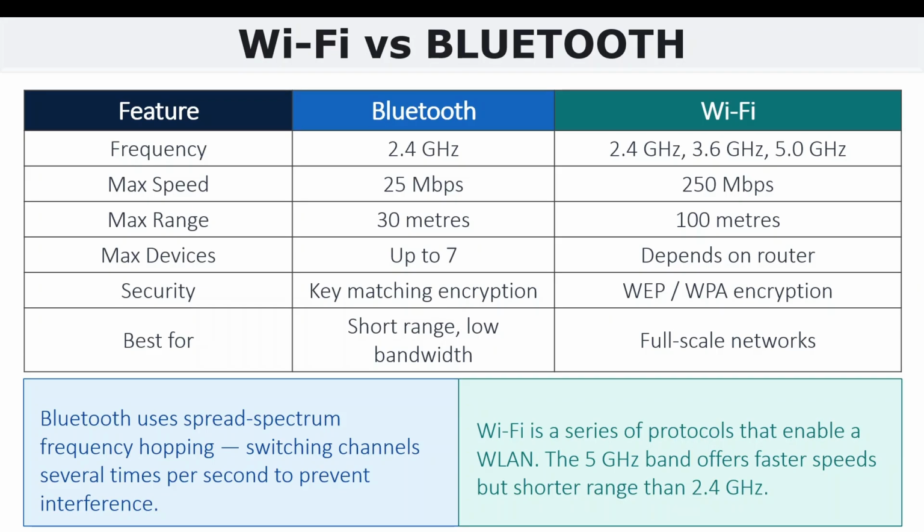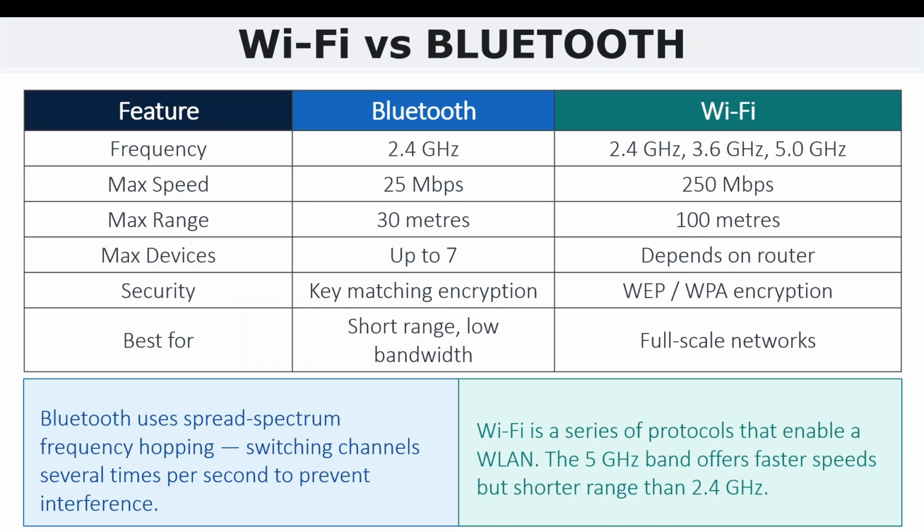In terms of maximum speed, Bluetooth will go to 55 megabytes per second, whilst Wi-Fi should do 250 megabytes per second. In terms of the range at which information can travel from one device to another, it is 30 meters for Bluetooth and 100 meters for Wi-Fi.